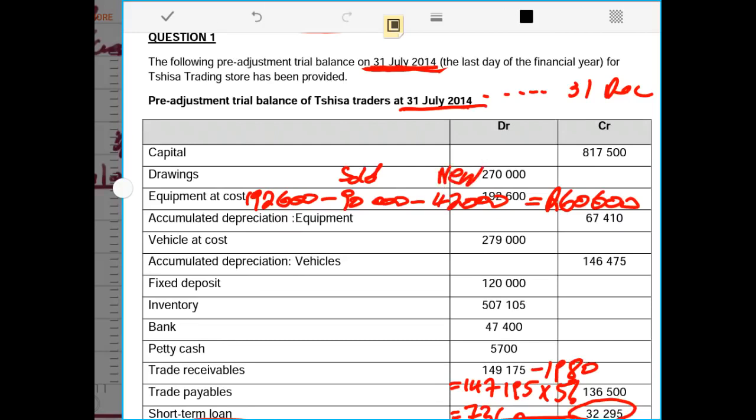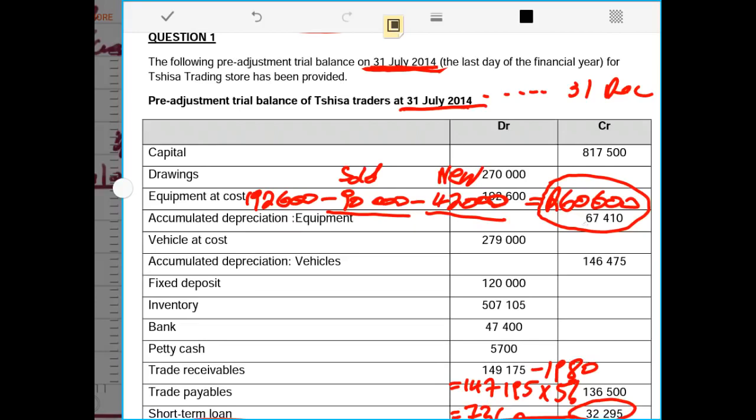It means equipments that cost the business 60,600 were not sold. They were there from the beginning of the current year until the end of the year, so we also have to account for their depreciation, because we did calculate depreciation for the sold one, which was 9 months in the current year, and for the new one that came on the 1st of November, which was also 9 months.